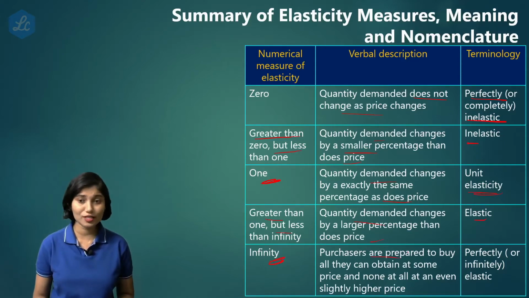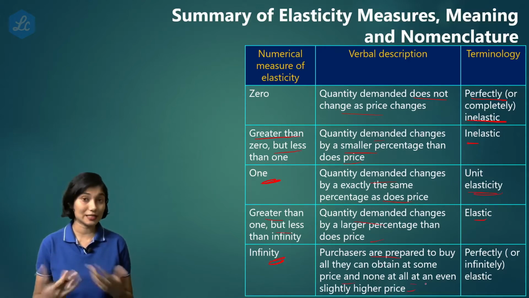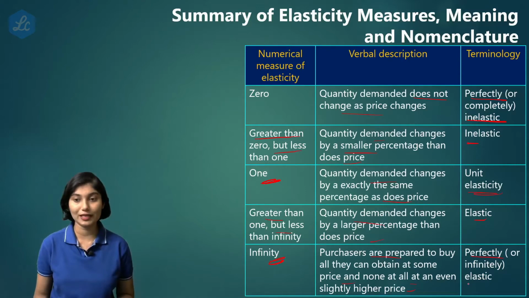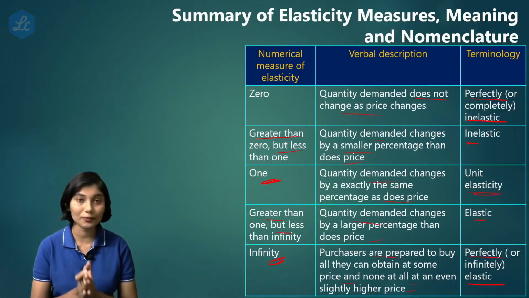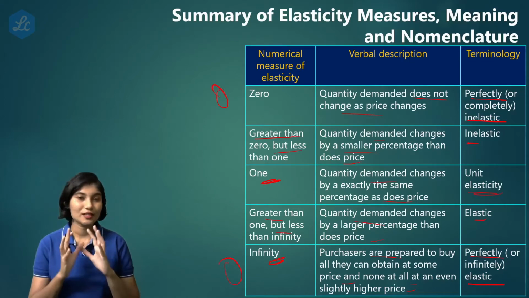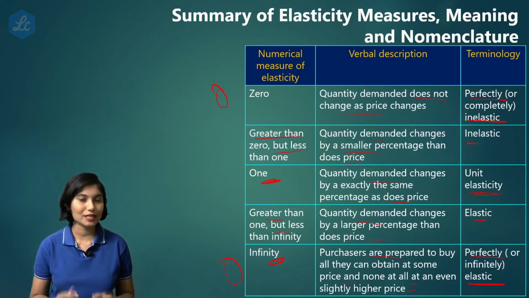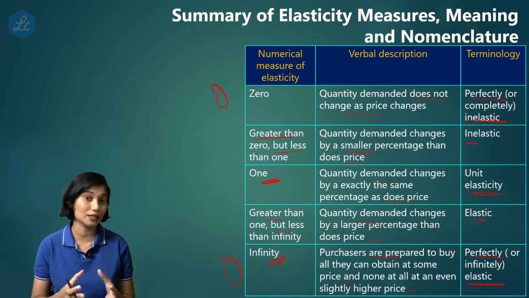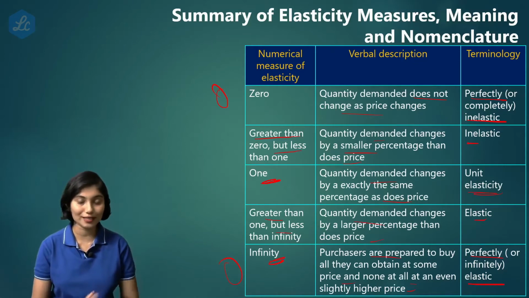When the purchasers are prepared to buy all they can at that particular price and none at all if there is a slight increase, then it is called perfectly elastic. Okay. Now these perfect situations, that is this one and this one, are slightly rare to find, you can say unrealistic to a certain extent. They don't really happen, and you have to have certain market conditions for this to happen. All right.